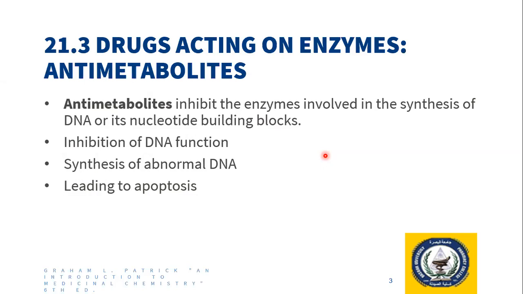They also inhibit the synthesis, replication, and transcription of DNA. But these medications do the same work by inhibiting the enzymes involved in the synthesis of DNA or RNA. So the result is the inhibition of DNA function, which is replication and transcription, or the synthesis of abnormal DNA, which at the end will lead to apoptosis.